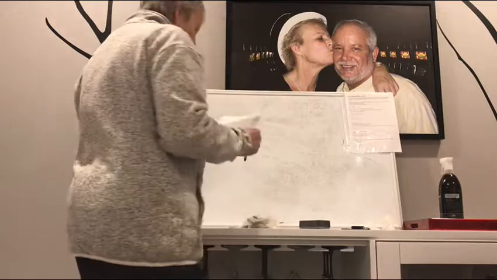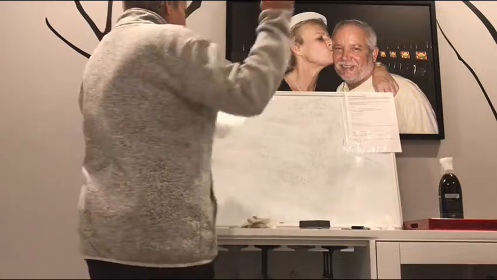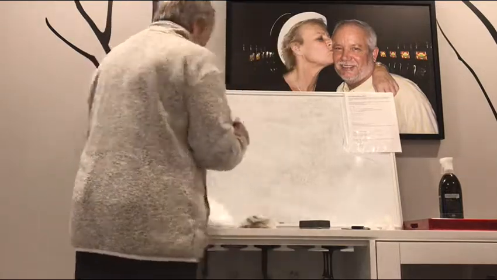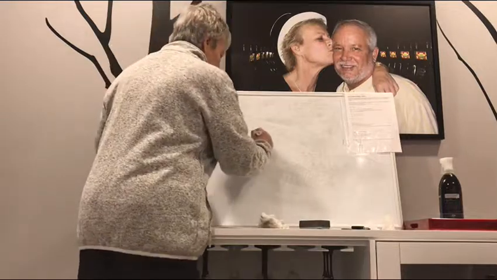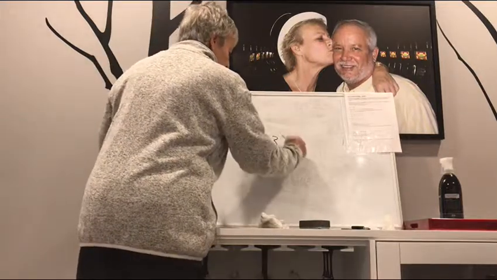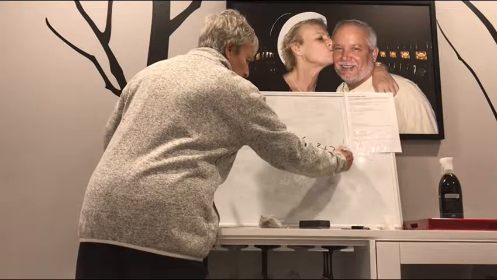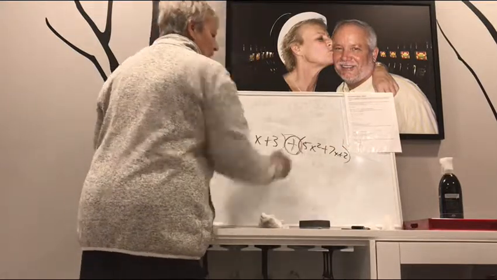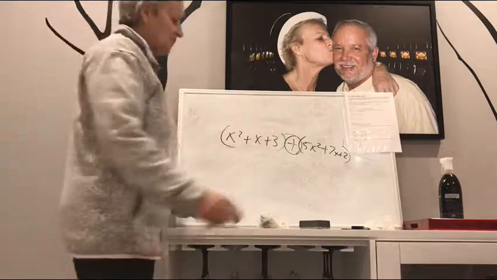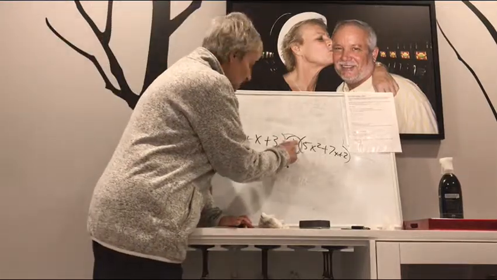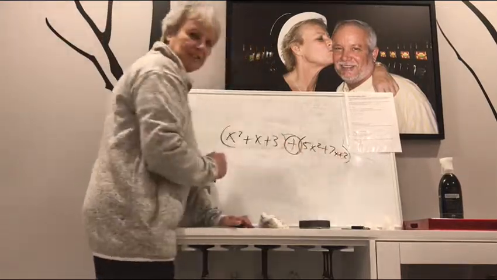I would like to do one with parentheses with you. Oh, let me explain to you something people do wrong all the time. X squared plus x plus 3 plus 5x squared plus 7x plus 2. Just because we have parentheses, you'll notice this is plus. This will not become the opposite.